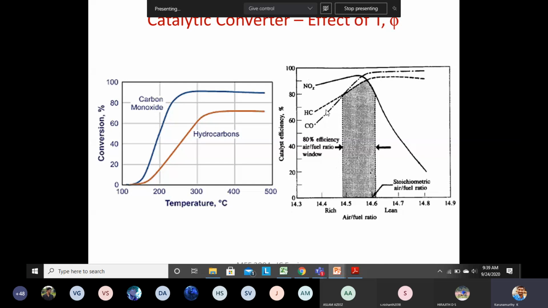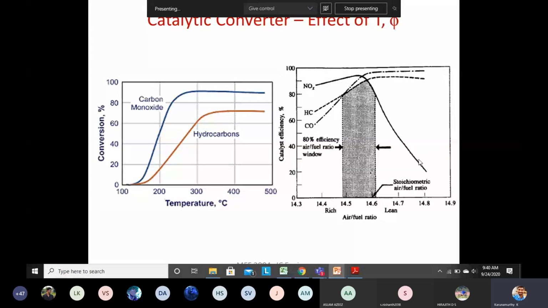But this trend is not applicable for the NOx emission. For the NOx emission, it increases when we move towards the lean side from the rich side, and the conversion efficiency is maximum close to the stoichiometric condition. Beyond that, when we move towards the lean side, the conversion efficiency decreases drastically.